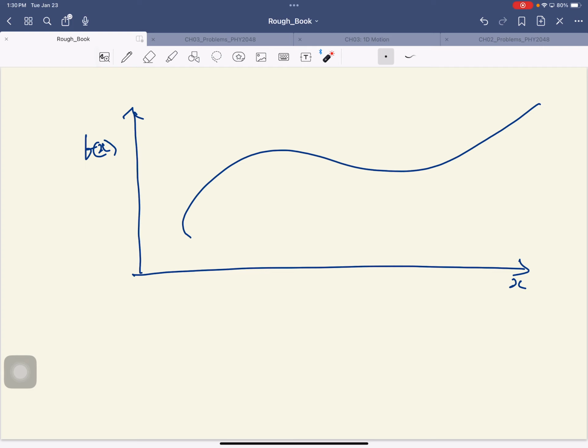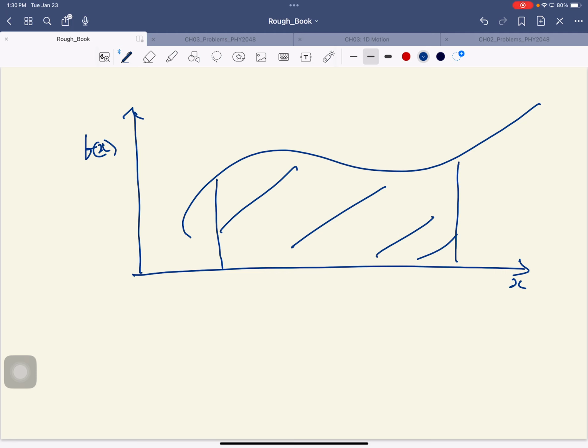The derivative, the slope, tells you if the function is increasing or decreasing. Another thing we are generally interested in is the area under this curve. That's the second fact we're interested in, and that's where integrals come in.